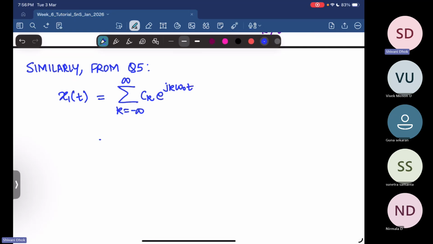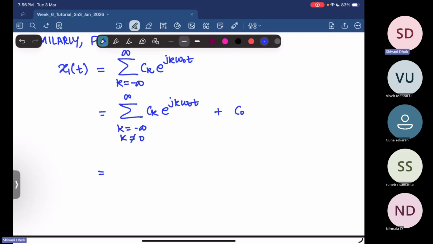And we saw that this is equal to summation k running from minus infinity to infinity k not equal to 0 ck into e power j k omega naught t plus c0, and we saw that the c0 was equal to 0. So essentially this is equal to summation k running from minus infinity to infinity k not equal to 0 ck into e power j k omega naught t.